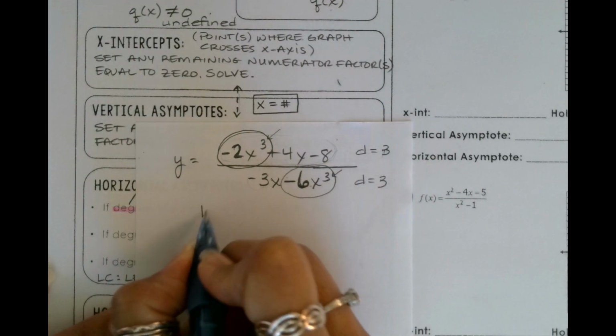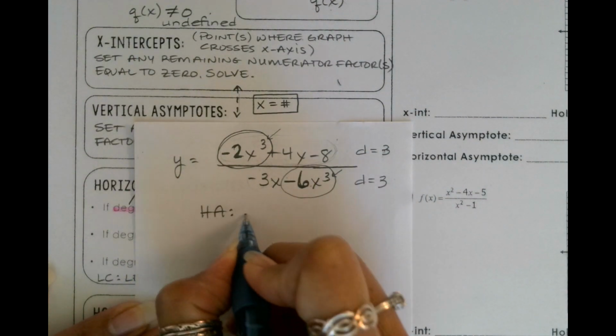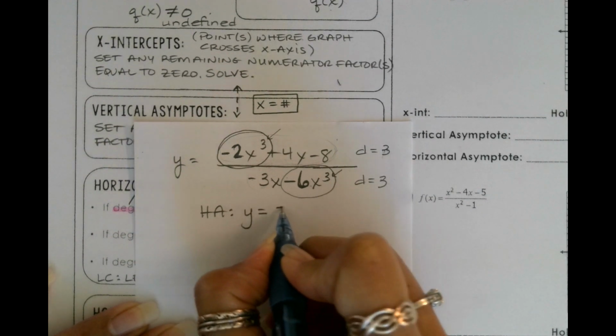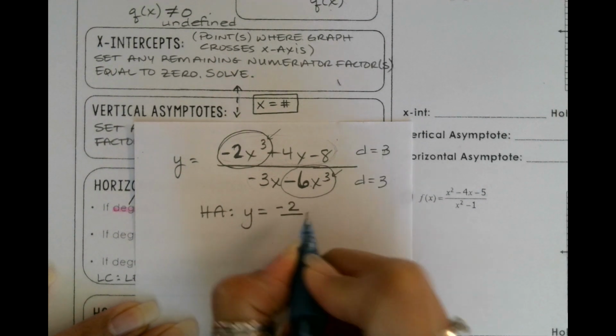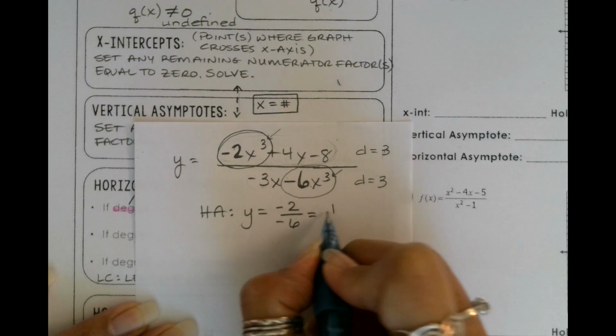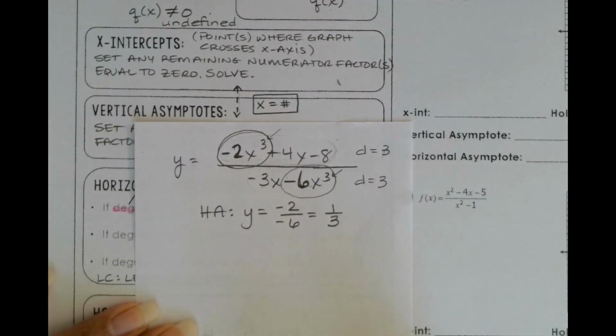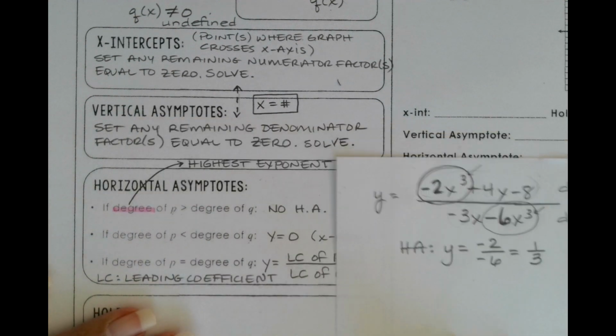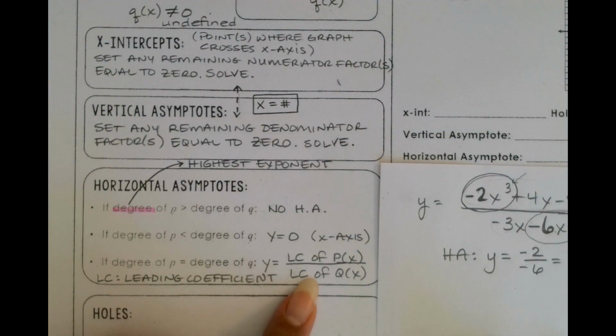So my horizontal asymptote will be y equals leading coefficient upstairs divided by leading coefficient downstairs, which reduces to y equals 1/3. That's what this process means. Leading coefficient of the upstairs value divided by the leading coefficient of the downstairs value.